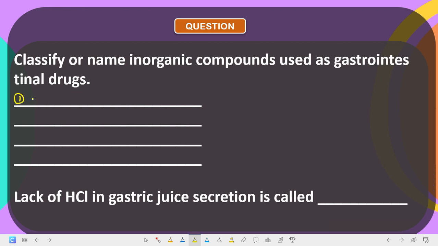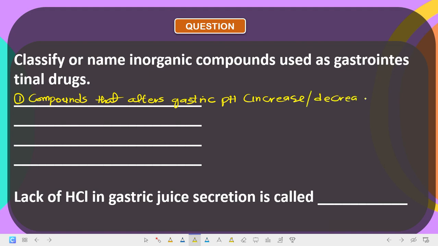Number one, we have compounds that alter gastric pH. They either increase or decrease gastric pH.